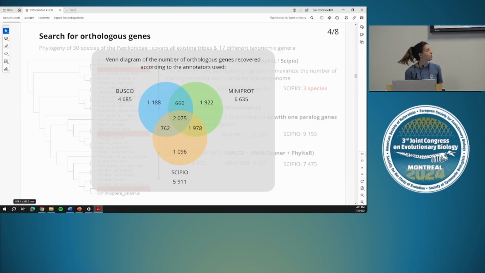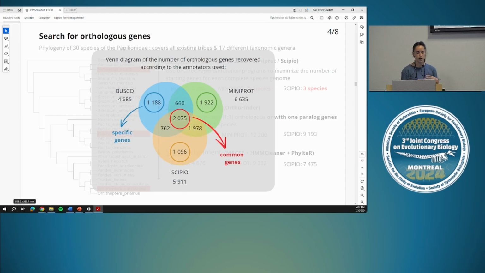Here is a Venn diagram of the number of orthologous genes found. We can see that the three different methods have in common 75 orthologous genes, and that each method has found between 1,000 and 2,000 orthologous genes of its own.